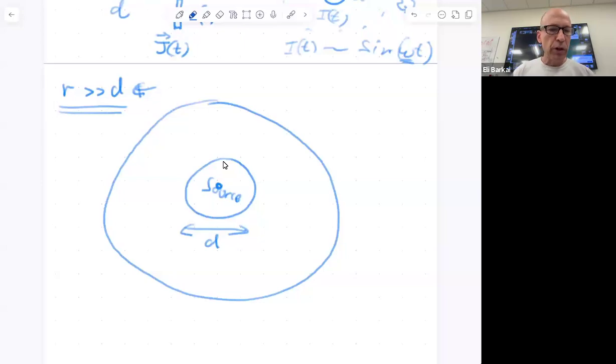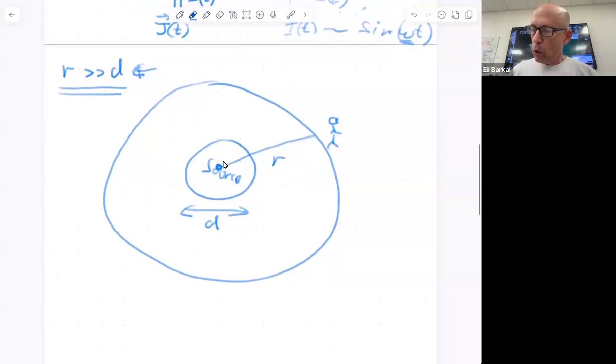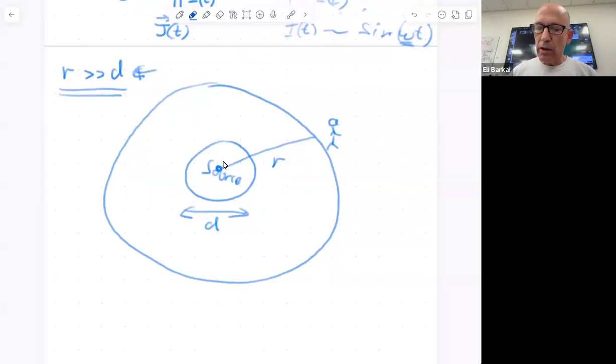So let's say the origin is somewhere here in the middle, and we have the distance r. At distance r, we have the observer. So if I am the source, you are the observer. That's the distance. Let's say you live in Petah Tikva, 10 kilometers from here. Much, much bigger than the size of my source, okay? The question is, what is the radiation going? So what is radiation at all?